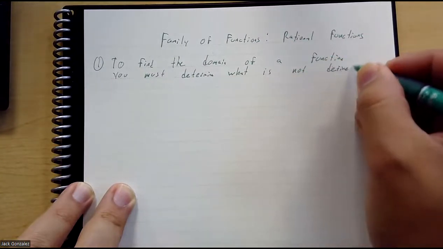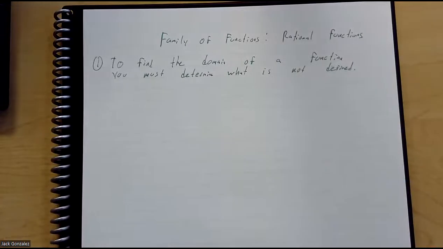It's pretty much what we've always done. You look at a function and figure out what is excluded, what is allowed, and whatever is not allowed, you'll create the domain around those points. So you're always working backwards with domain.